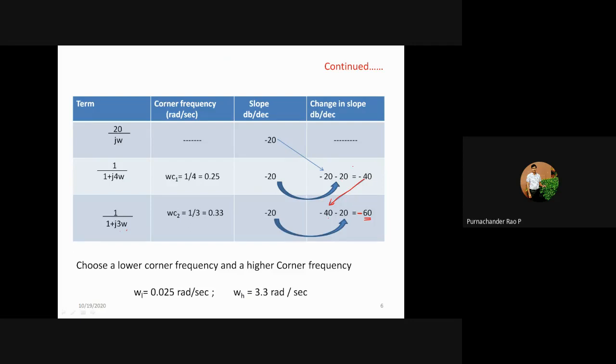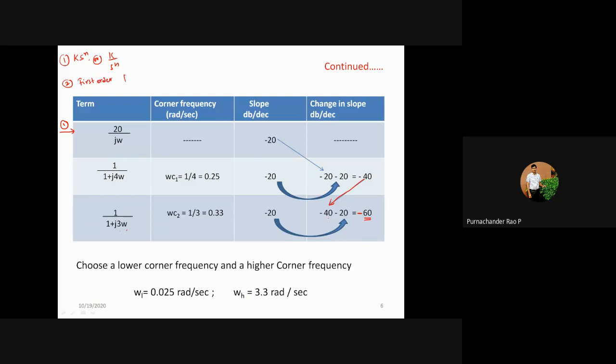After completing this table, remember one more thing: what you should always choose first is k s power n or k by s power n. Always the first term will be like this. And the second terms, always you have to take the first order factors.